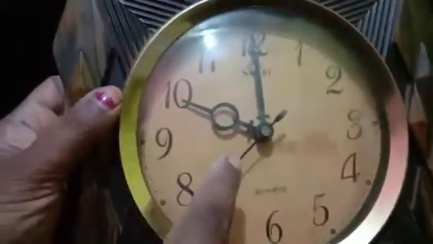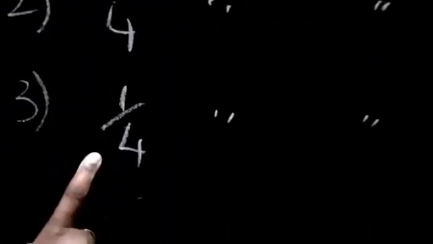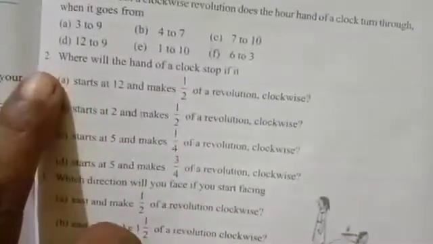From here to here 3 hours. 3 hours means we will get quarter revolution. Otherwise 1 right angle. 1 right angle is called quarter revolution. Same like this you have to do from 12 to 9 o'clock. How many? And 1 to 10, 6 to 3.